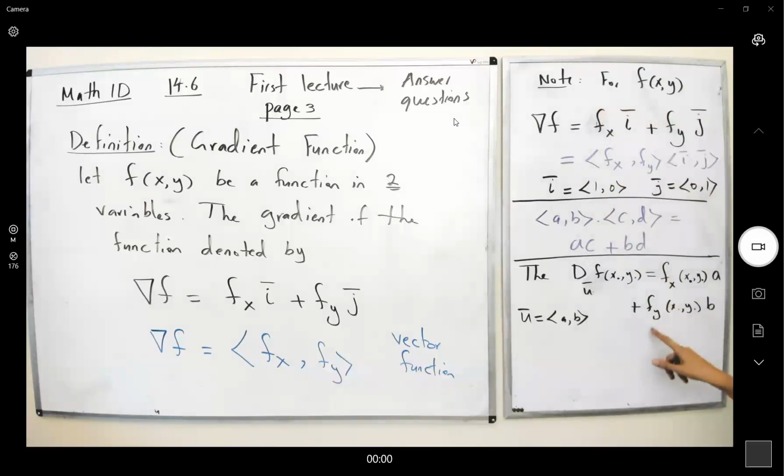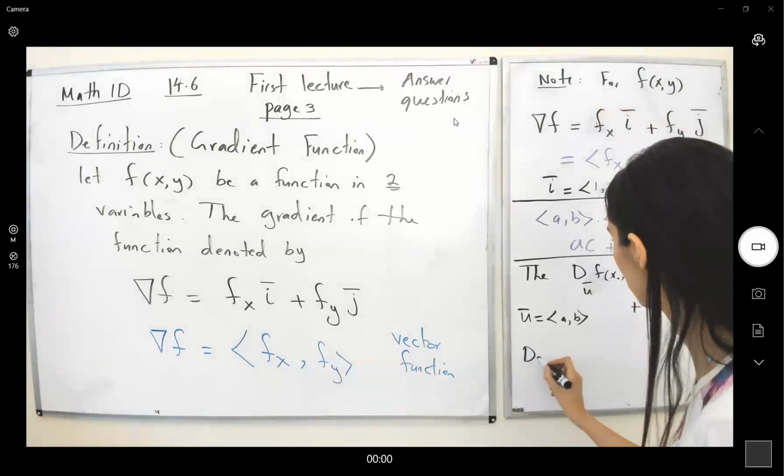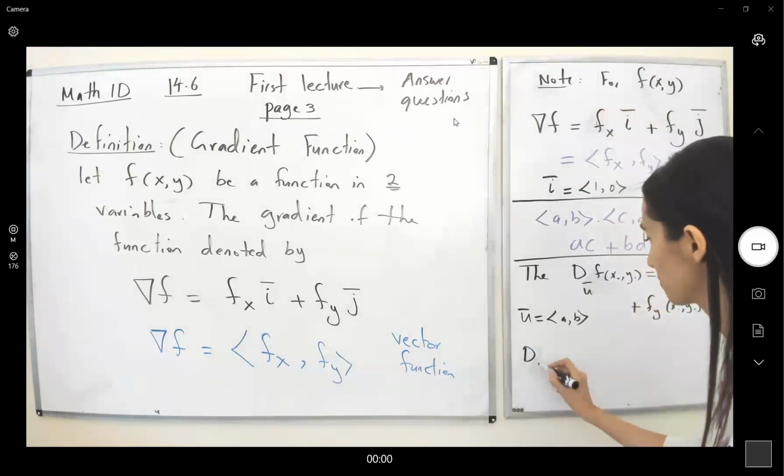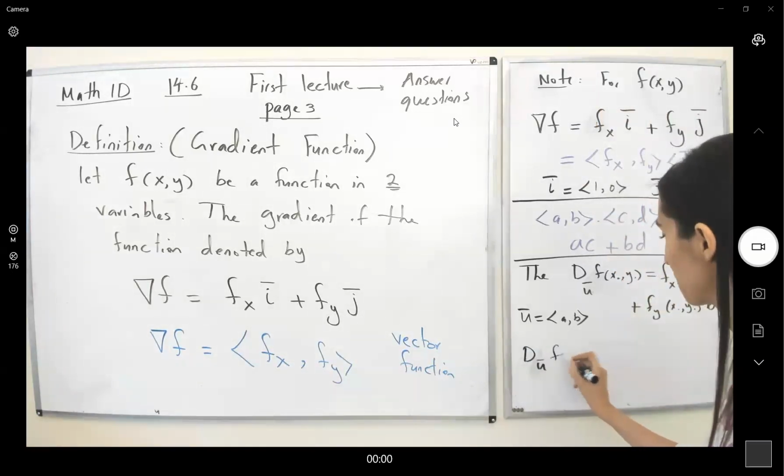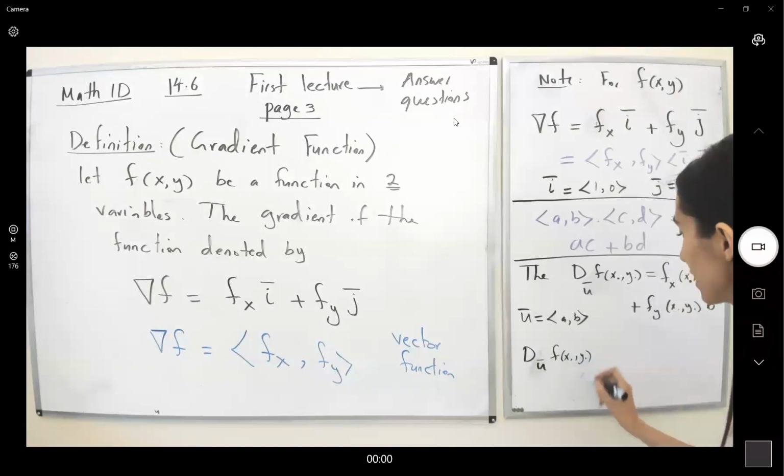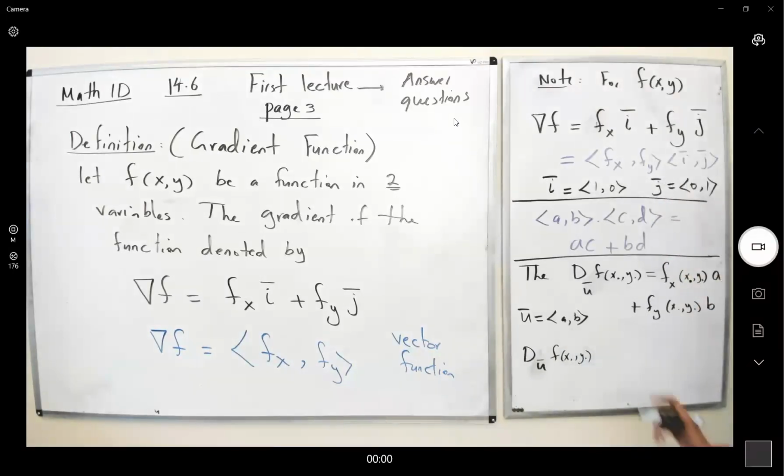Here, note that we have f sub x, f sub y, and a, b, with a plus sign. And remember that you know about the dot product. So this can be written as the directional derivative of the function at the point (x sub 0, y sub 0) in the direction of u, which is actually the dot product between (f sub x, f sub y) and (a, b).